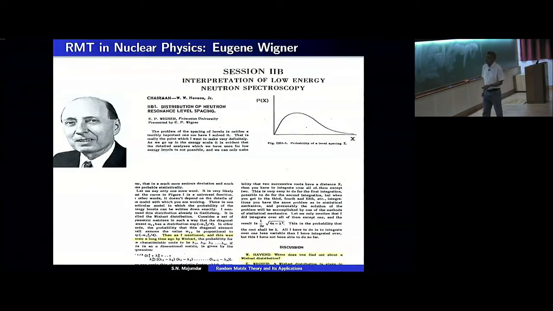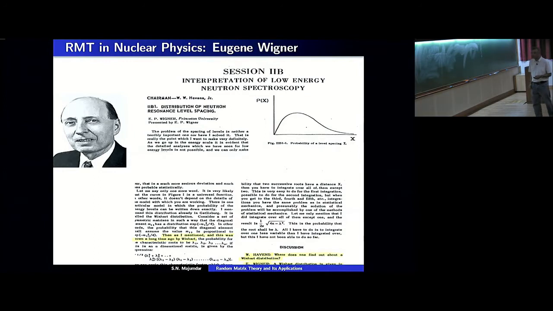But historically, he was giving this talk at a conference on neutron spectroscopy. The chairman of this conference was this guy, Heavens. And Wigner says in his talk that, as I mentioned, this was known a long time ago by Wishart, and then he talks about the eigenvalues of a random matrix, okay?